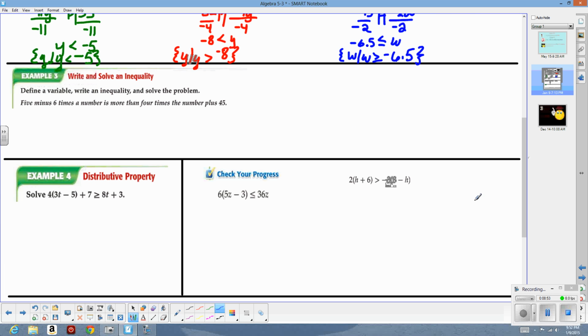Alright, our next example has you translating the sentence into an inequality and solving it.